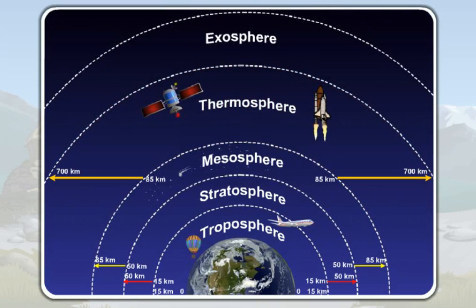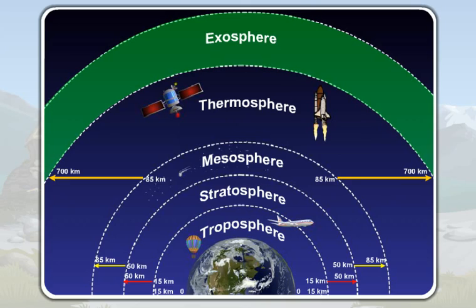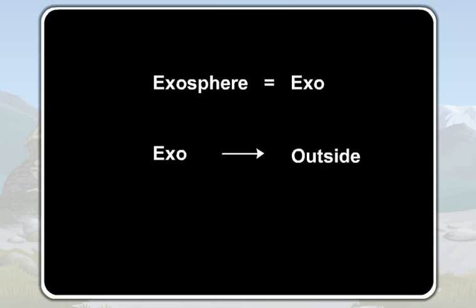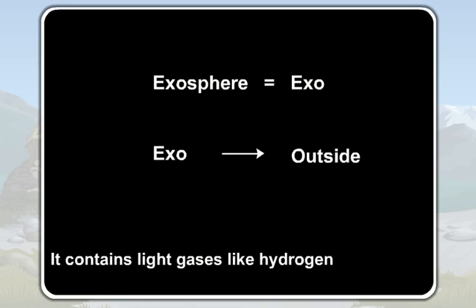The exosphere is the outermost layer of the Earth's atmosphere. The word exosphere comes from the Greek word exo, whose meaning is outside. It contains light gases like hydrogen and helium in very rare amounts.